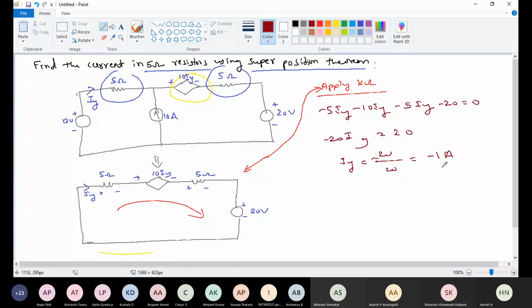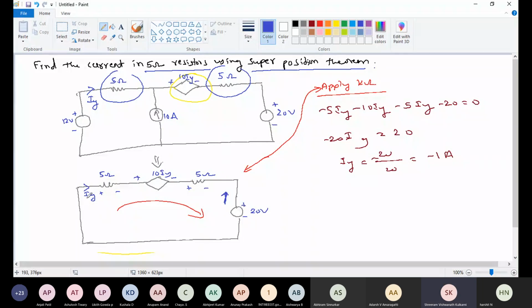Okay. Here we can see, as I discussed just now, due to this current 10 ampere, if this is opposite direction, I am going to take it as negative. Same direction positive. Now here also, due to this 20 volt voltage source, current is flowing like this, correct?